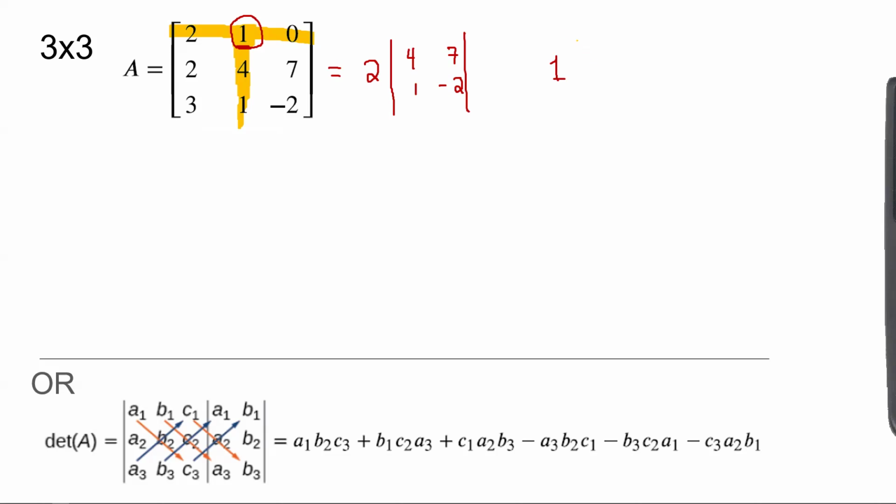So that's going to come over here. Gotta get my red back. And there's a 2, 7, 3, -2. Okay. So that's the second part of this thing.